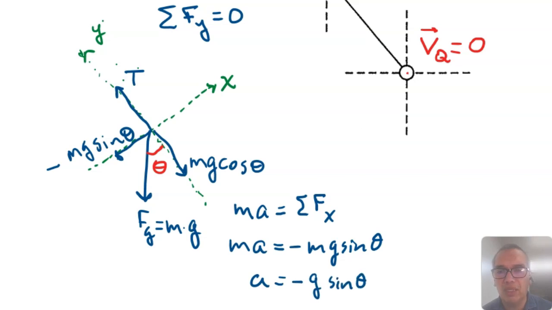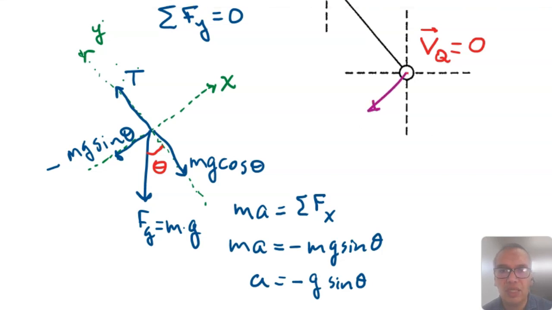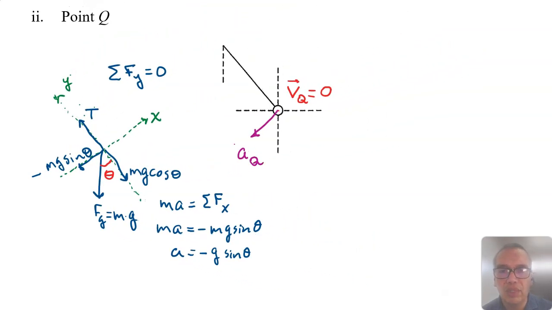The important part is that this is along the x-axis, and we just said that the x-axis is tangent to the circular path. So what we are saying is that we have a perfectly tangential acceleration at point Q. This is completely tangent, which means it is at 90 degrees with your string.